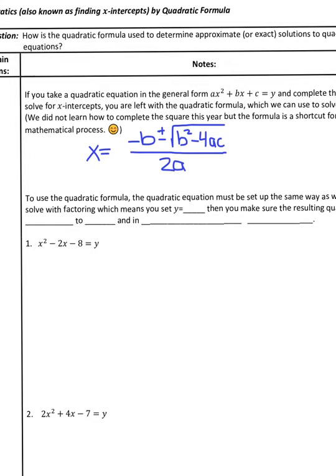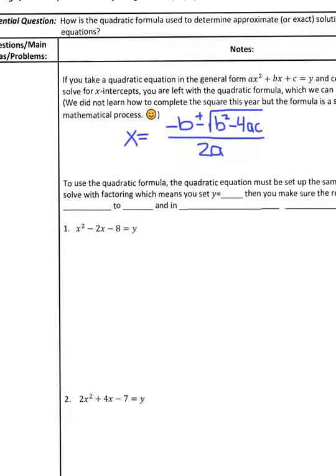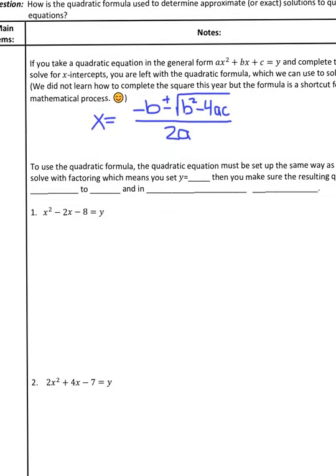memorized. So to use the quadratic formula, the quadratic equation must be set up the same way as when you solve with factoring, which means you're going to set y equal to 0. So it's that same thing, right? Quadratic, the square roots. No matter what you're solving, we're solving for x-intercept. So y is always, always, always 0.